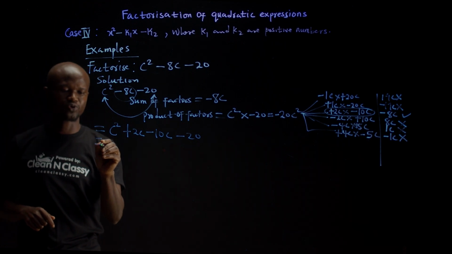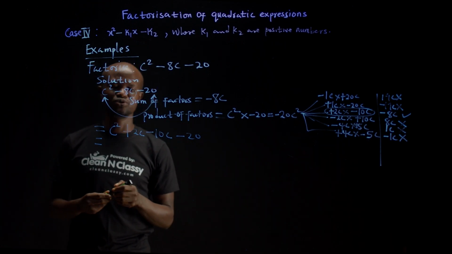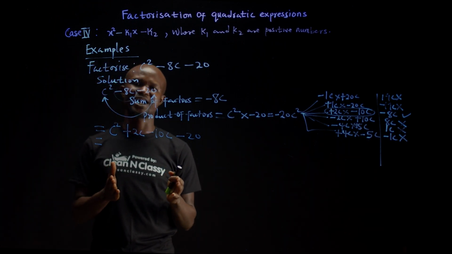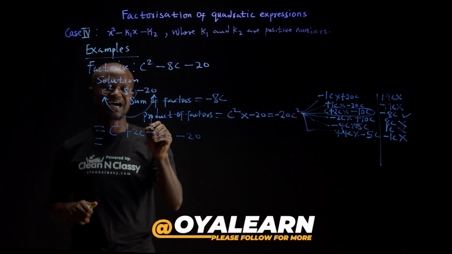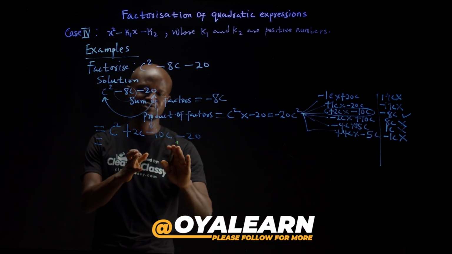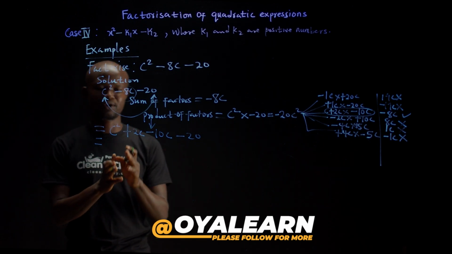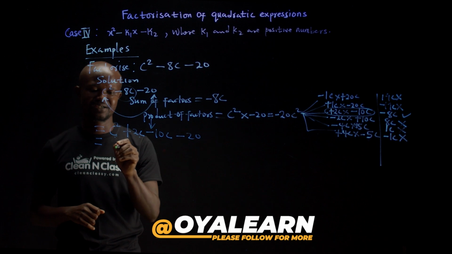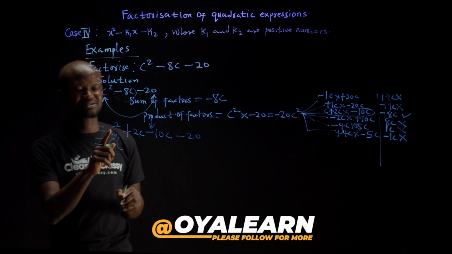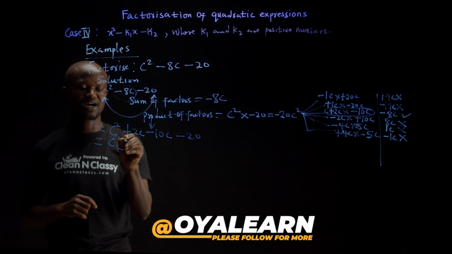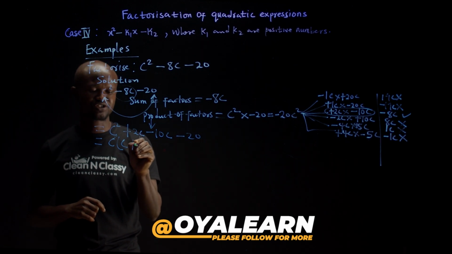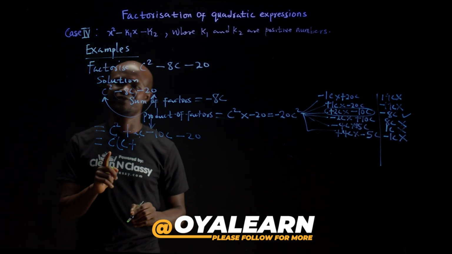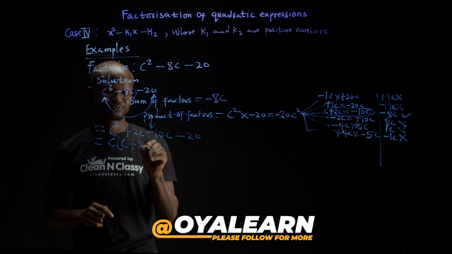The next thing to do is the pairing, the first two and the last two. The first two, c squared plus 2c. What is common? That's c. c squared divided by c is c, plus 2c divided by c is 2.